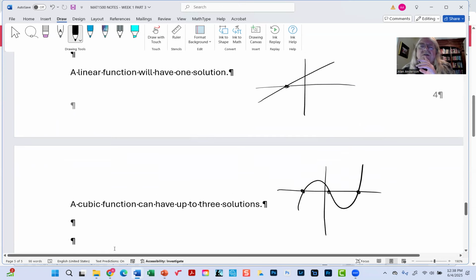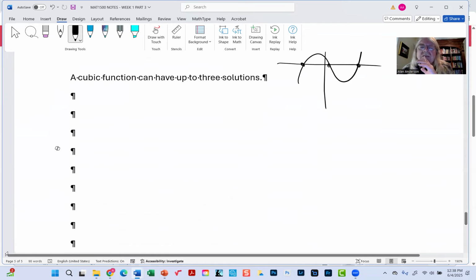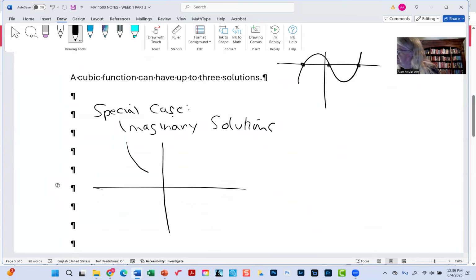By the way, just as a side note, when it comes to quadratic equations, here's something that you might not have realized. If you have this parabola, guess what happens when I set this equal to 0?